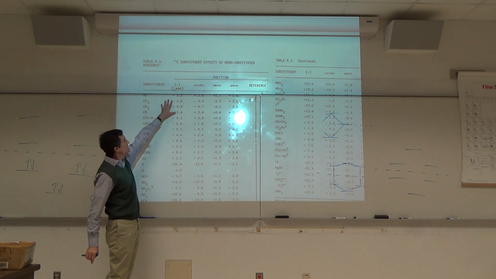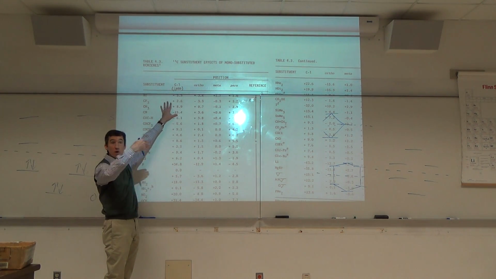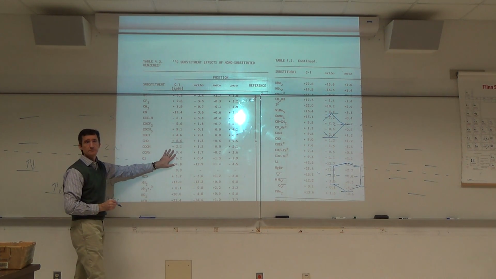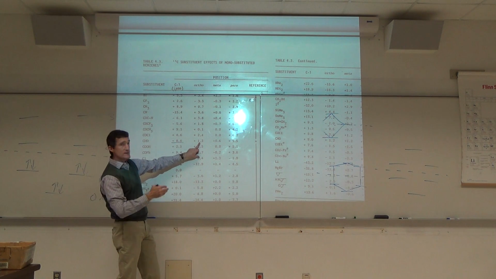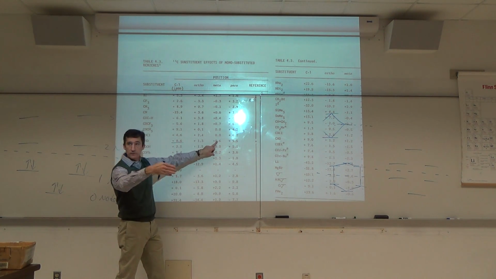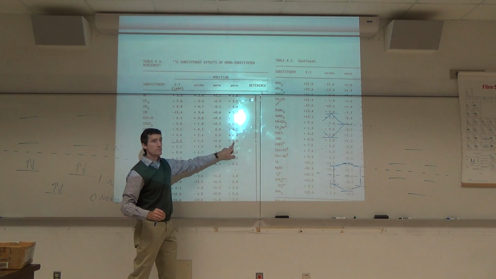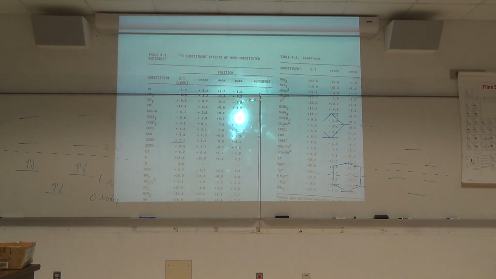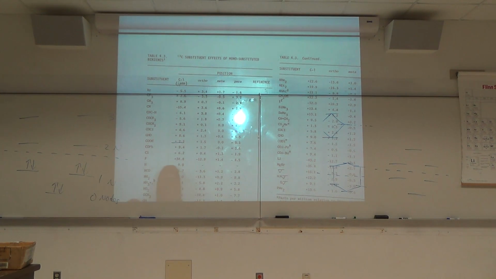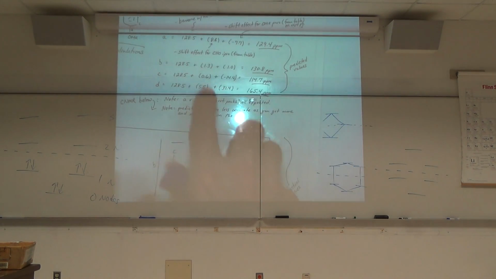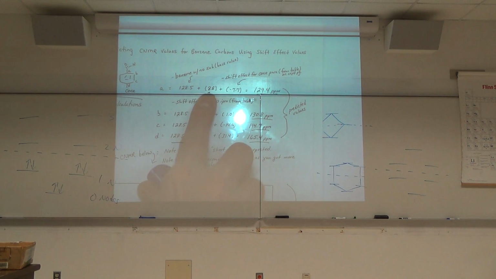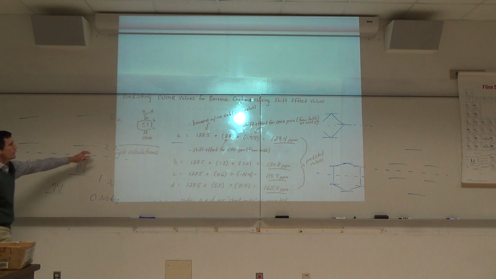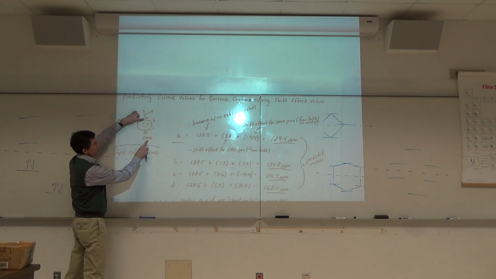C1, or also known as ipso, that's the carbon that the group is on. It adds 8.6 to the value. Ortho is the adjacent carbon, meta is the carbon after that, and then para. We'll see this in nomenclature, but some of you already recognize that. So, aldehyde ipso is 8.6. Now, we also have the effect of the methoxy.